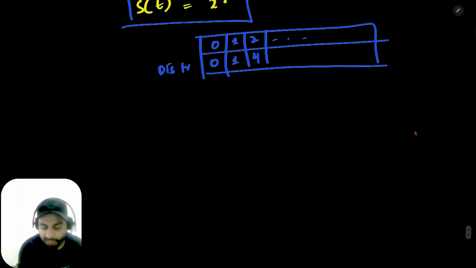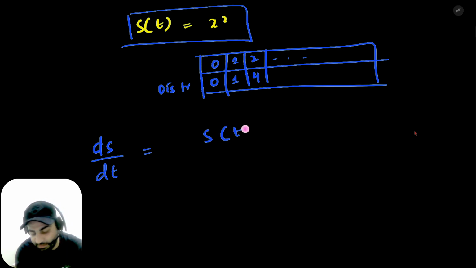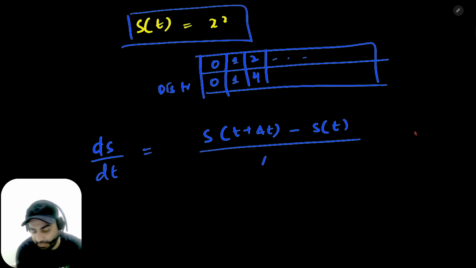What I told you is that if I want to see what ds by dt is, ds by dt will be written like this: s of t plus delta t, minus s of t, divided by delta t.